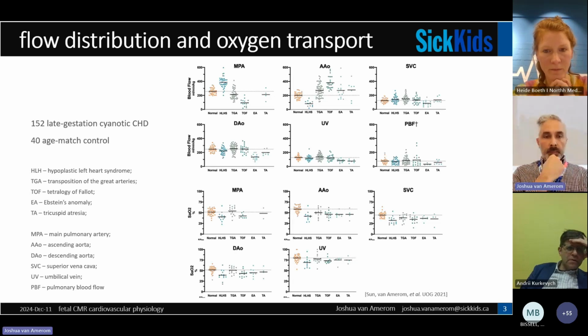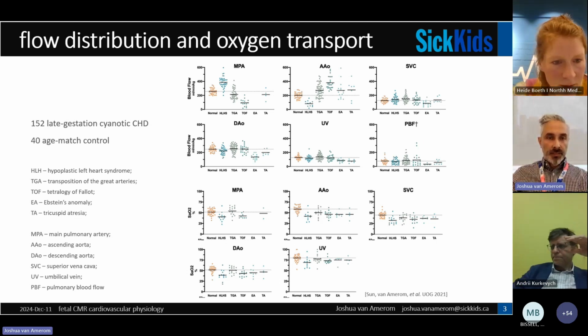So this is a paper from a couple of years ago now, where we had updated some of those measurements in healthy normal controls, as well as a good number of late gestational cyanotic congenital heart disease fetuses. This might look a little bit small, but hopefully you can generally appreciate that there are flows along the top and oxygen saturations along the bottom.